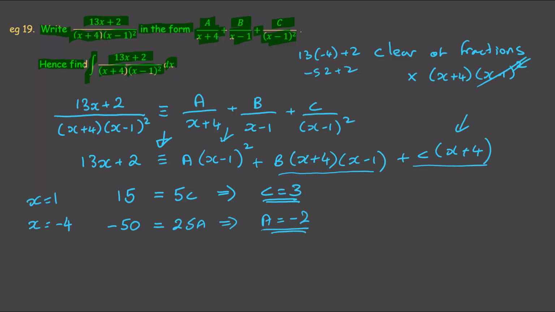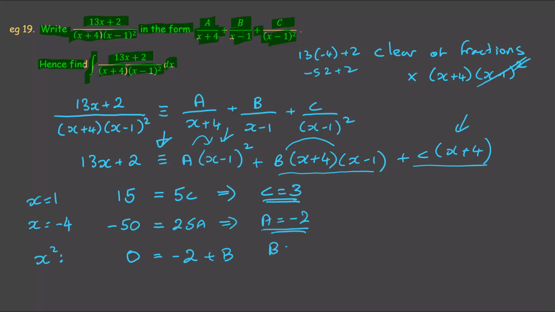Now, we've still got to find b, and we can do that by looking at coefficients of x squared. On the left, there is no x squared, so the coefficient is 0. On the right, this would give us ax squared, so that's going to be negative 2x squareds. And then here we would get bx squareds.